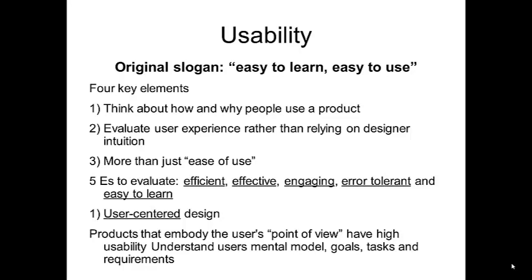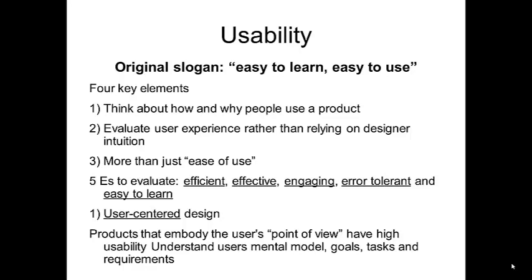If any of those fail, the system is potentially not usable. Perhaps it's too slow. Perhaps people don't use it because it doesn't grab their attention. Perhaps it's full of bugs and people give up because it keeps giving them error messages.